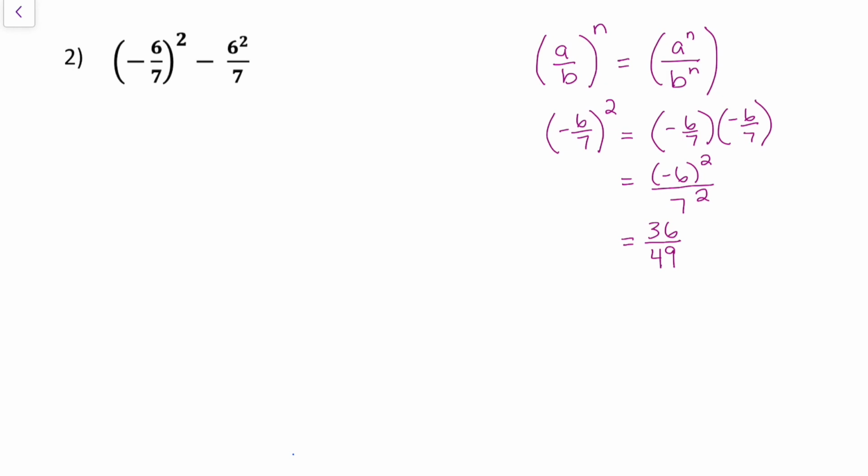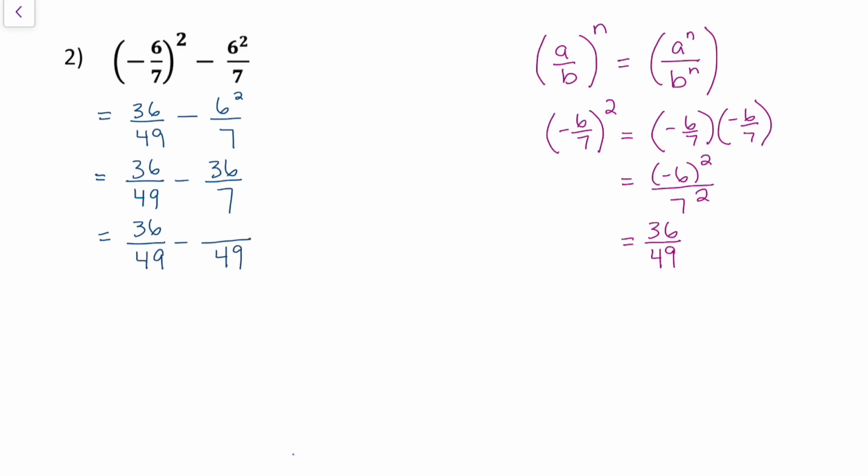So now I have 36 over 49 minus 6 squared over 7, or 36 over 49 minus 36 over 7. So you'll notice that I've done both of my exponents, and now I can do my subtraction. So I need to make a common denominator, which is 49. To get this to be a fraction over 49, I have to times by 7, and 36 times 7 is 252.